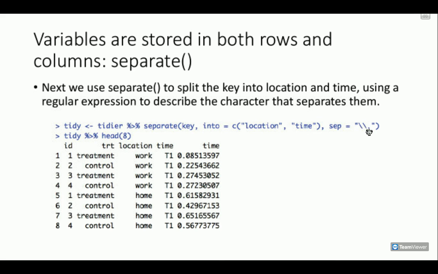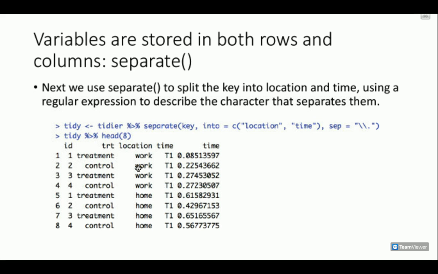So you'll have to escape the dot by giving these 2 backslashes, and then it will consider a dot as a symbol and not the current directory. So you give it the separator, which is the dot, and then the output is going to separate location and time. All the times will go into one column and the location will go into another column. So now you have more flexibility with the data.